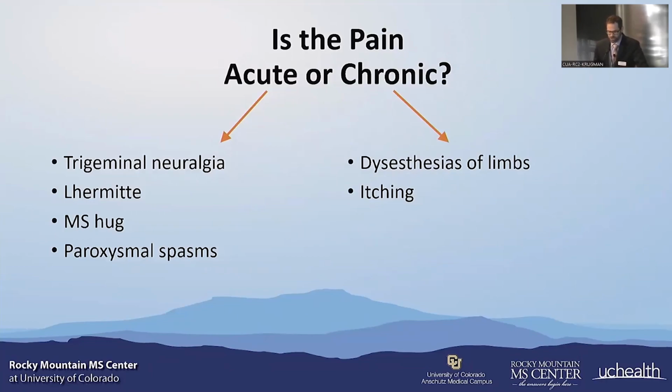They may occur in clusters or recurrently, but the actual pain itself tends to be very acute, versus something that's more chronic, the dysesthesias, numbness, tingling, burning of the limbs, or itching that may be there all the time, sometimes better, maybe sometimes a little bit worse, but it's there all the time. So that's another way of subdividing pain in MS.